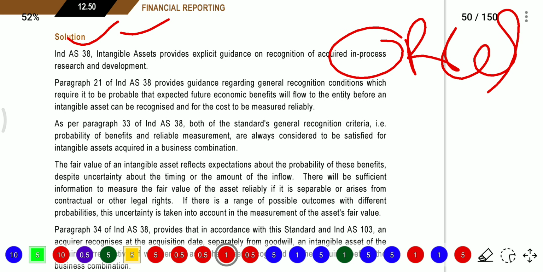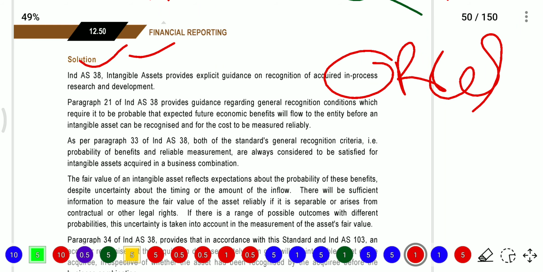Here Ind AS 38 provides guidance regarding general recognition conditions, which require that it is probable that expected future economic benefits will flow to the entity before an intangible asset can be recognized, and cost should be measured. So for intangible assets we need to recognize only if we have satisfied three conditions.